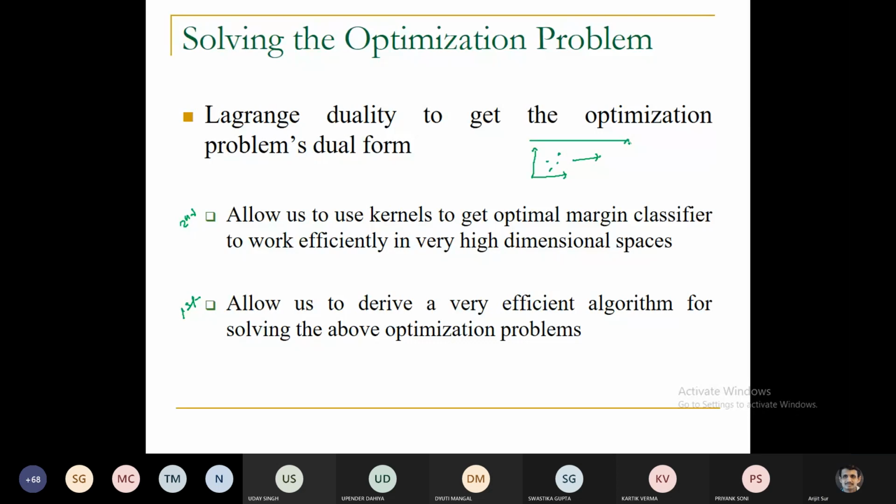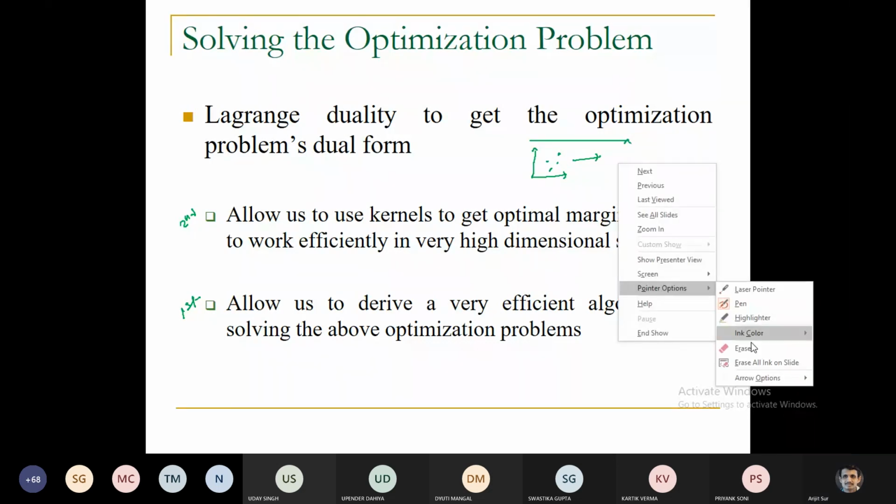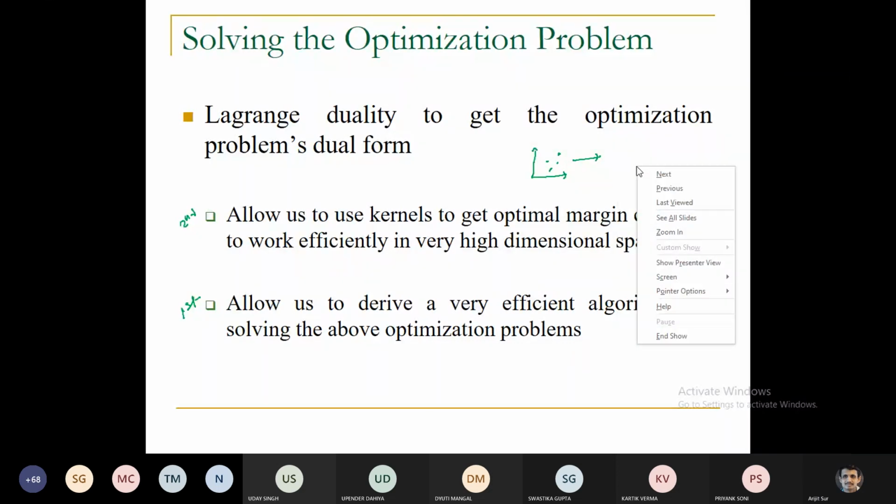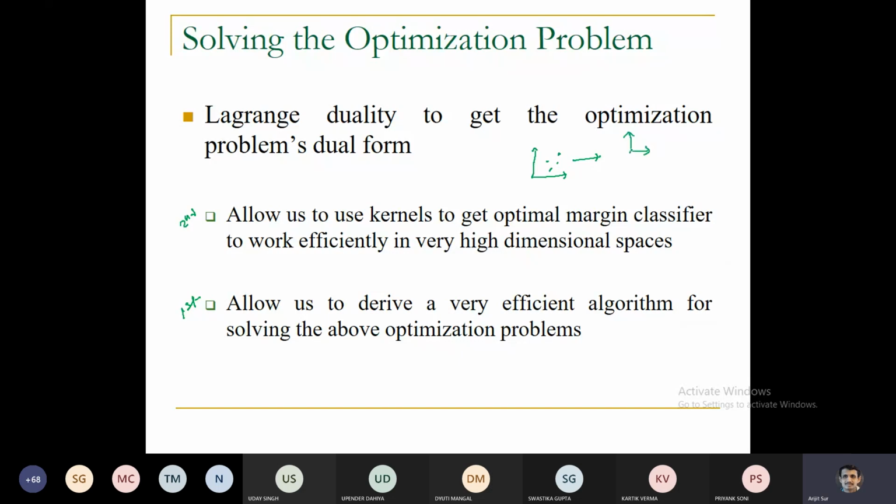We use a nonlinear kernel function for mapping from these points to those points. This is one strategy. Another strategy for solving this optimization problem, we'll see first, is how to do that.